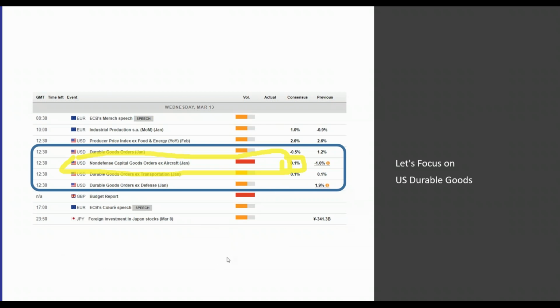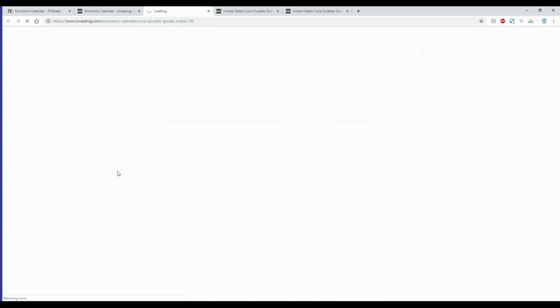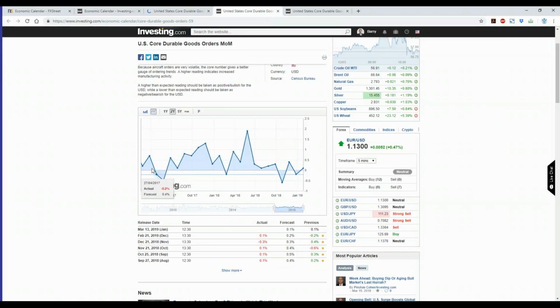So when we have something that's in 0.1%, let's take a look. We can see it only moves in 0.1%, and it stays in a very, very small range.